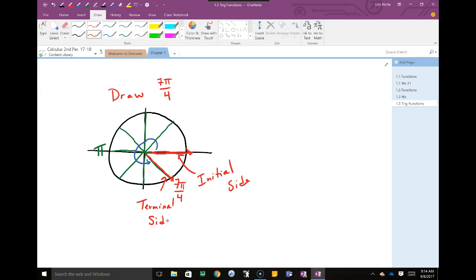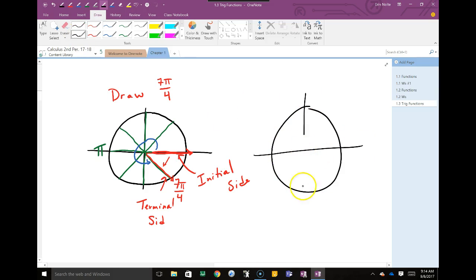Because otherwise, maybe someone could have come in this direction and gone downwards. So if I would have instead, let me draw it over here, gone like this, what angle is that? Negative, right? If I go downwards, that's a negative direction, so that's negative pi over 4.